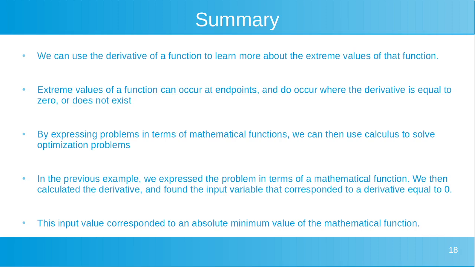In the previous example, we expressed the problem in terms of a mathematical function. We then calculated the derivative, and we found the input variable that corresponded to a derivative equal to 0. This input value corresponded to an absolute minimum value of the mathematical function. So that allowed us to solve our optimization problem.